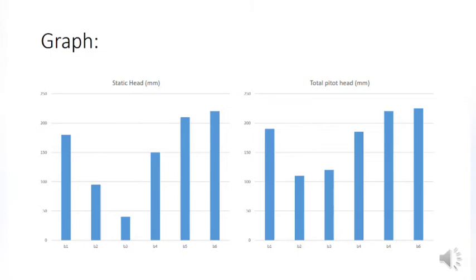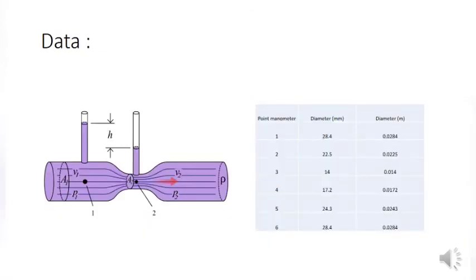Okay, so from the data given, there is a different diameter on the Venturi pipe. This is the figure I just took, and we have 6 points where the diameter is different. Point 1, we assume the point is here, then points 2, 3, 4, 5 and 6 on the Venturi pipe.